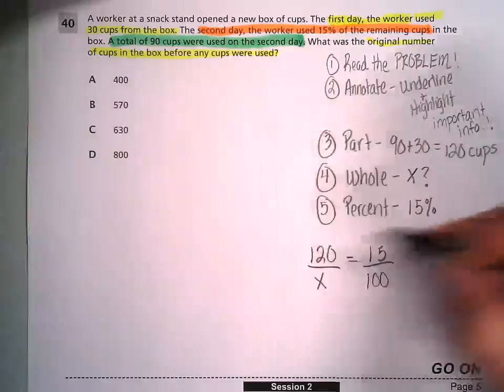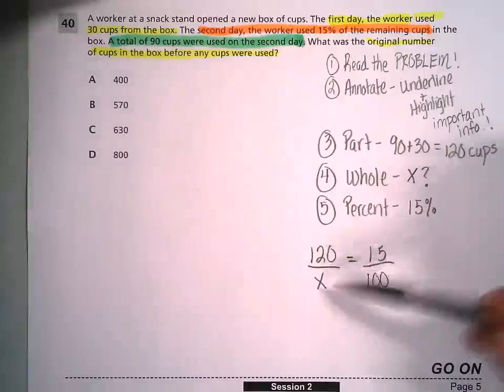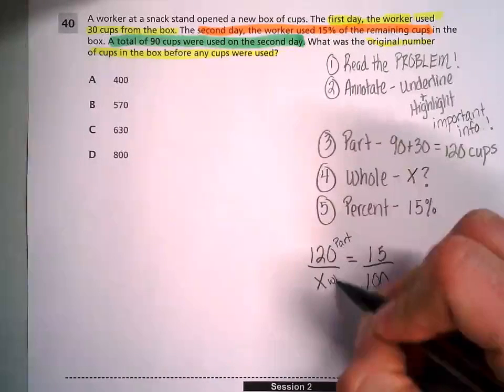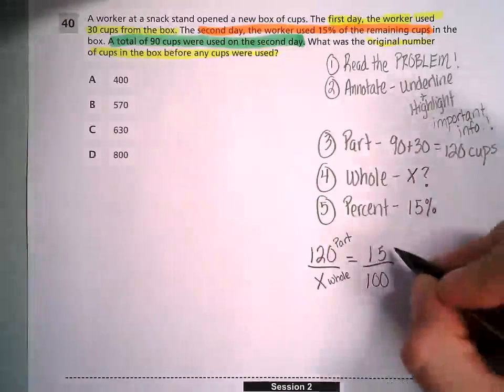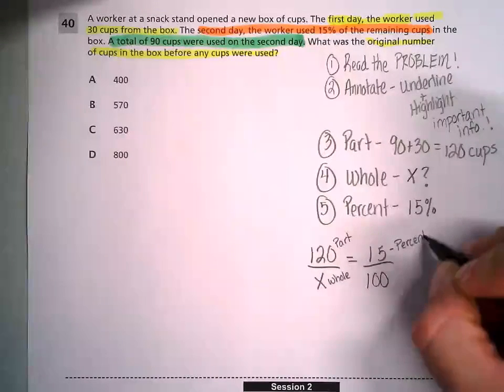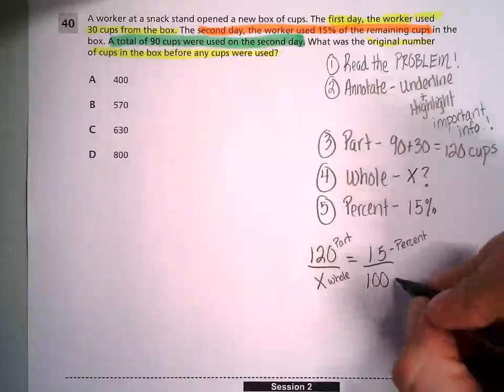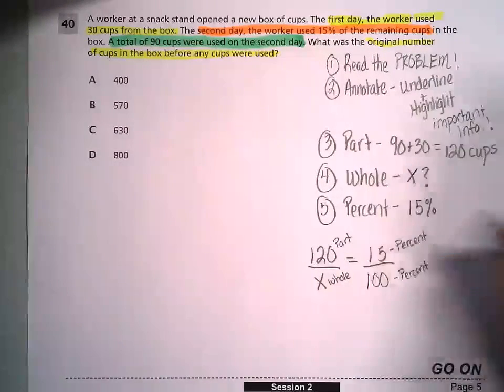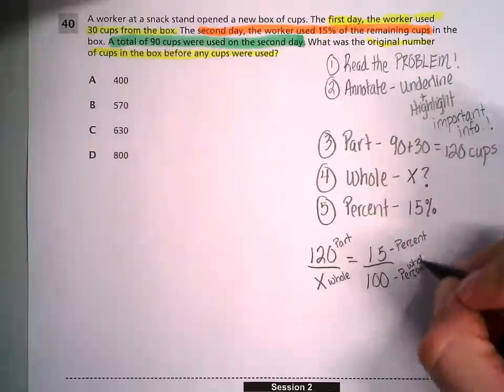So that makes sense. So we look at things, we have part over whole, and then we have our percent over our whole percent, which is the same thing. That's what it's going to be out of.